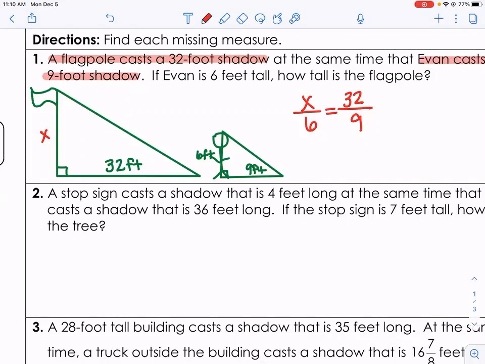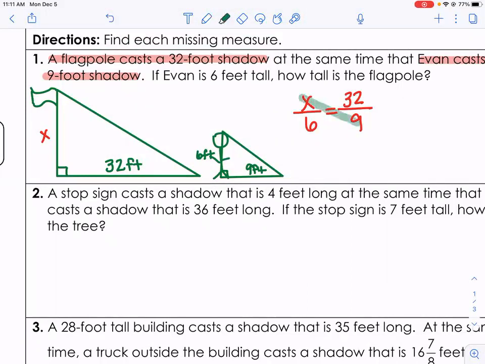Guys, this is the same thing that we did on Friday, but we just have to draw our triangles. Now, the nice thing about shadow problems is we're drawing triangles that are oriented the same way right next to each other. Okay, are you okay with our setup of X over 6 equals 32 over 9? Okay, so let's cross multiply.